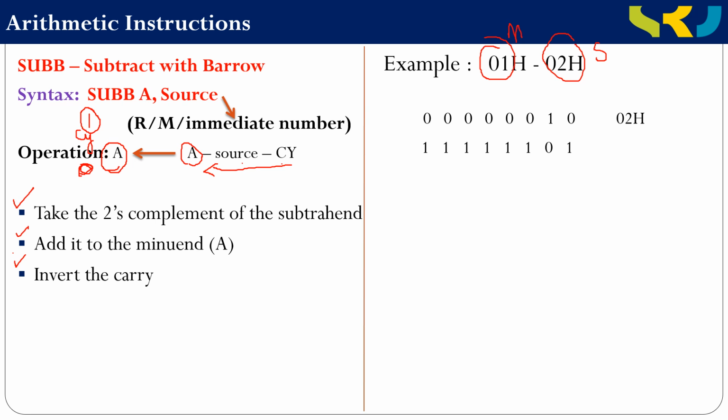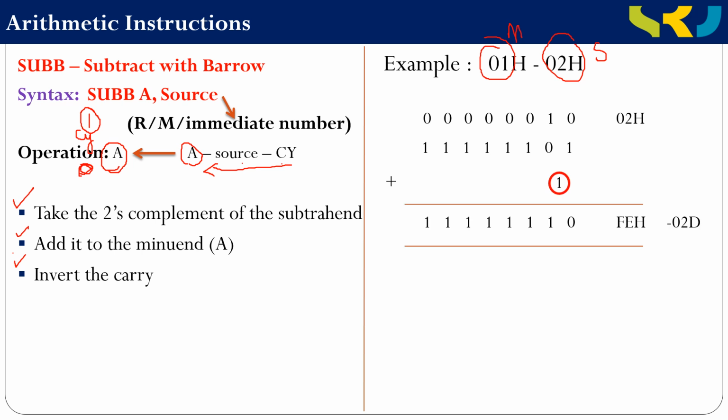After inverting, we get this number, that is FEH. Then we need to add 1 to the 1's complemented number to get the 2's complement. So the 2's complement is FE, that is equal to minus 2.